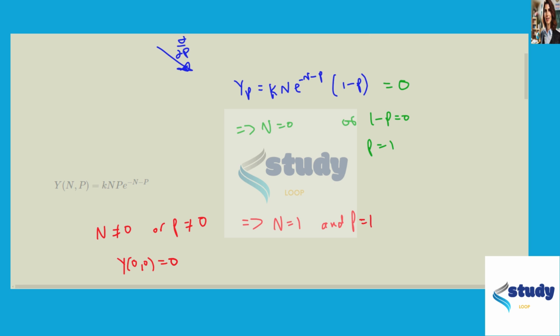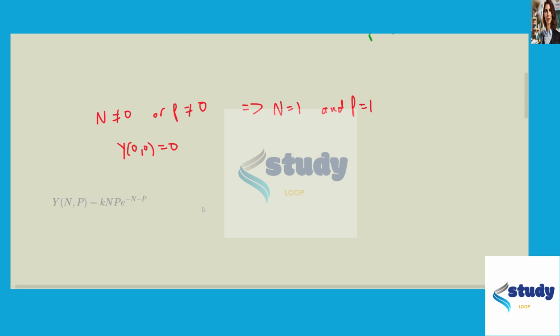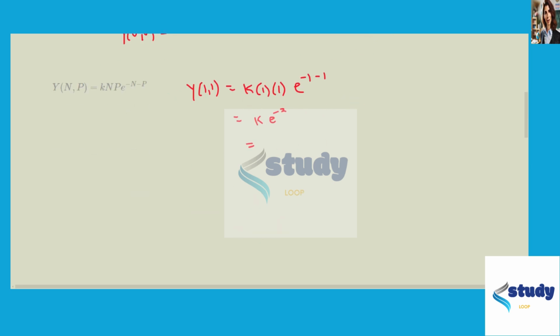Okay. So now we would just go ahead, take this, plug it into here, and that should actually give us our max. So let's see what we get. So y11 is going to be k times 1 times 1 times e to the negative 1 minus 1, which would be just k times e to the negative 2, or you could just have k over e squared.